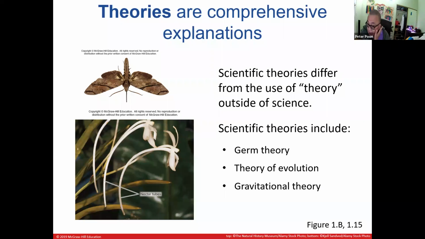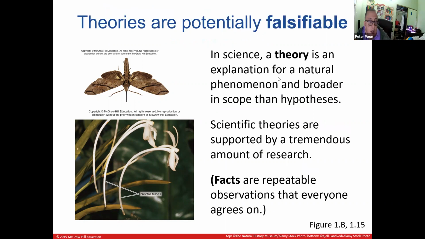In science, theories are the biggest overarching ideas in science. Evolutionary theory, germ theory, gravitational theory, cell theory, atomic theory. All of these are really big, broad things.